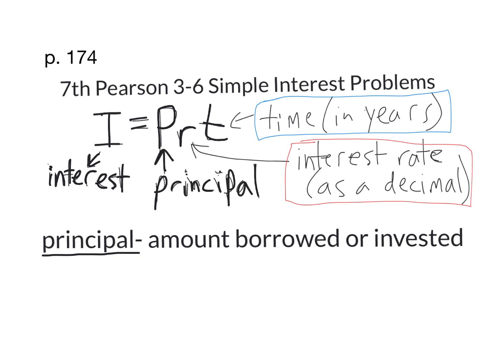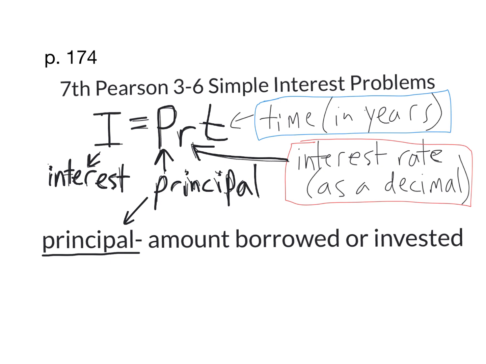It's spelled the same as the principal of your school, but principal in this case is the amount of money that's either borrowed or invested. So either we're borrowing money, and this is how much we're borrowing, or it's how much we're investing, or it could just be how much money we have in our savings account, whatever.